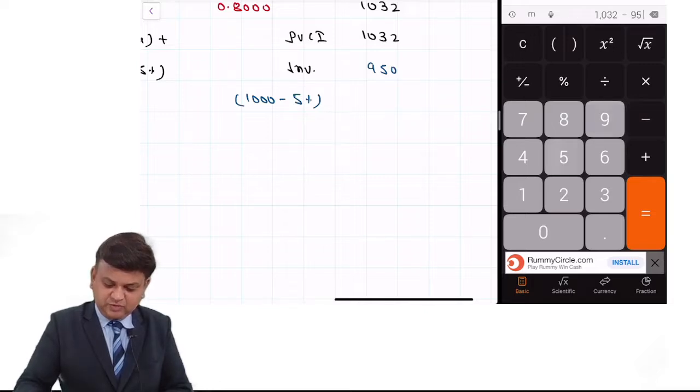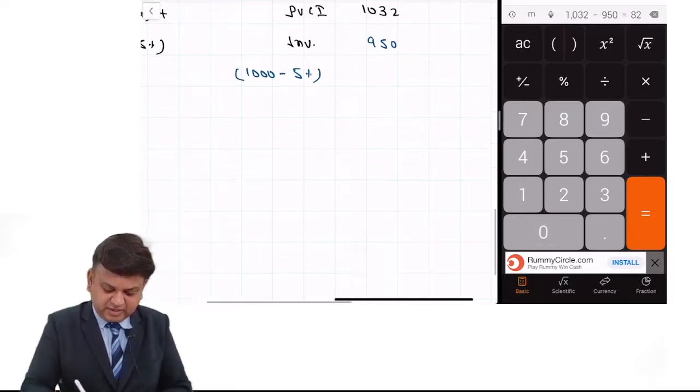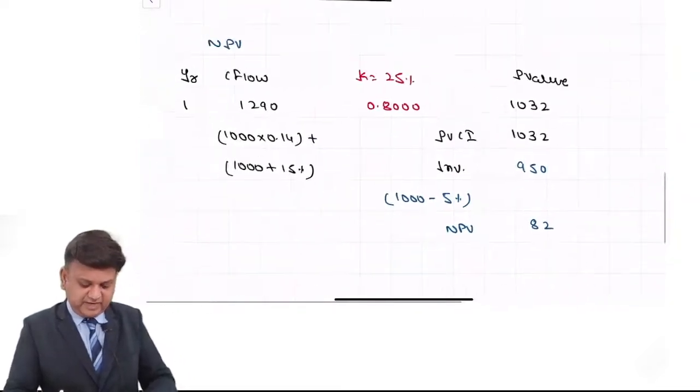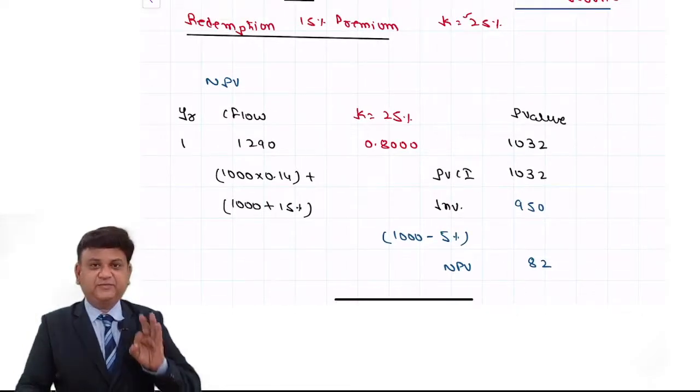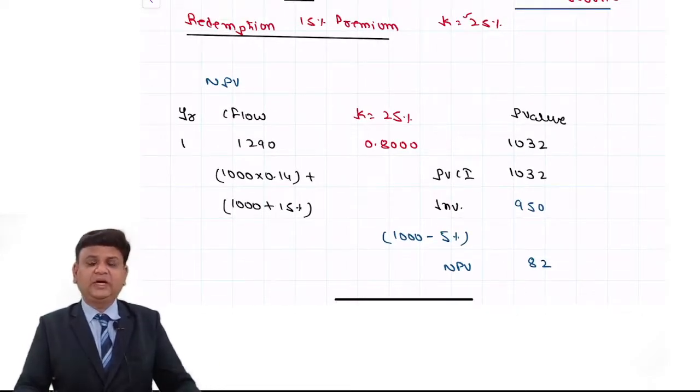So 1032 minus 950, NPV is rupees 82. That is the way the NPV can be calculated, and from the decision making point of view, as NPV is positive, the security should be purchased.